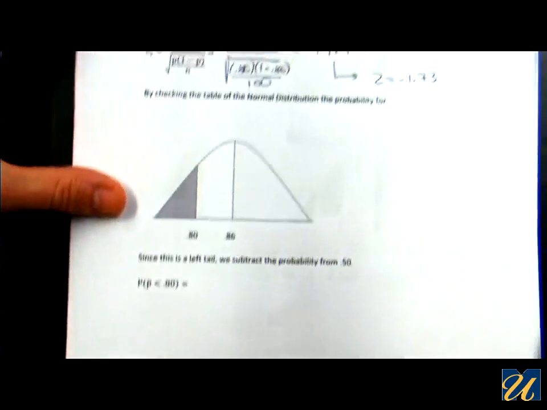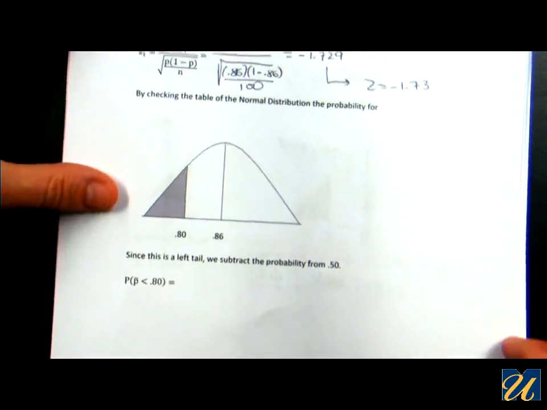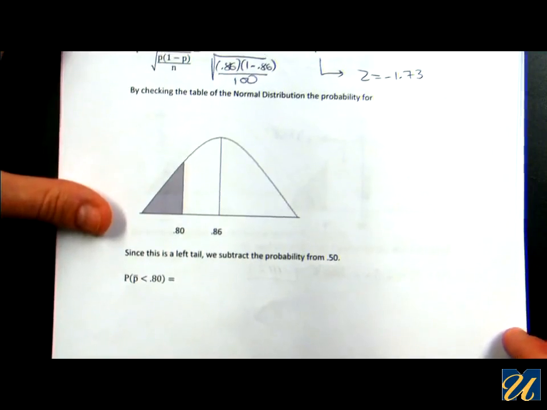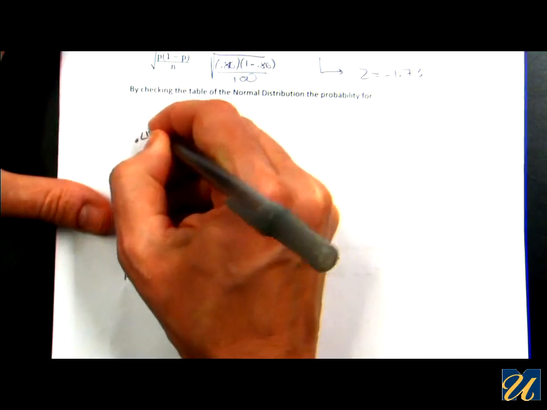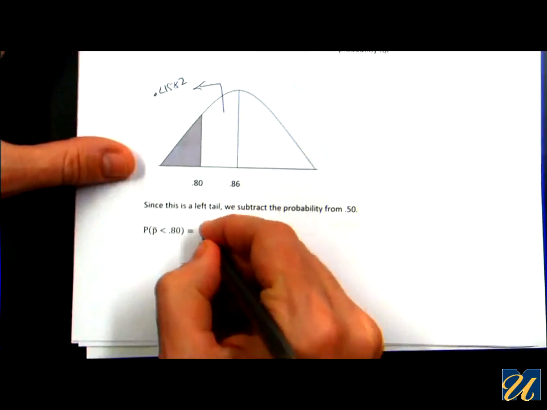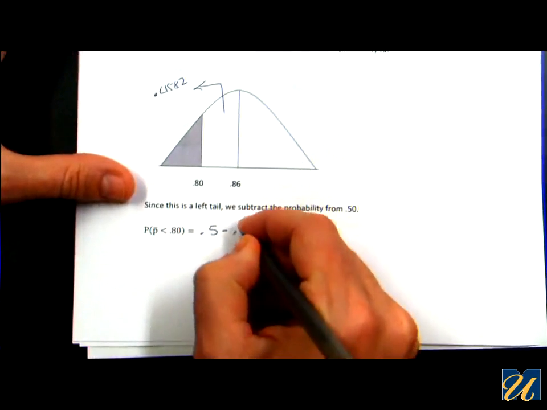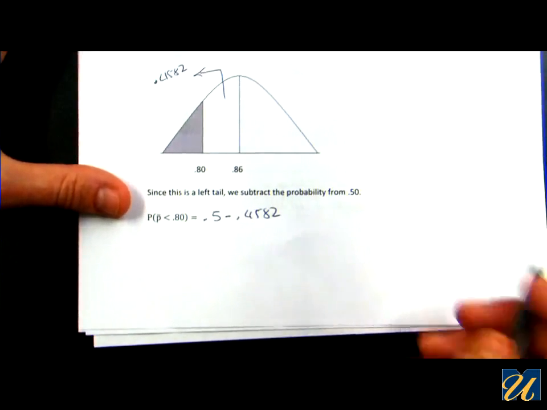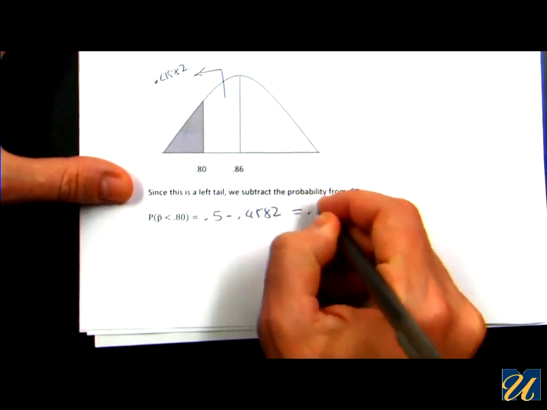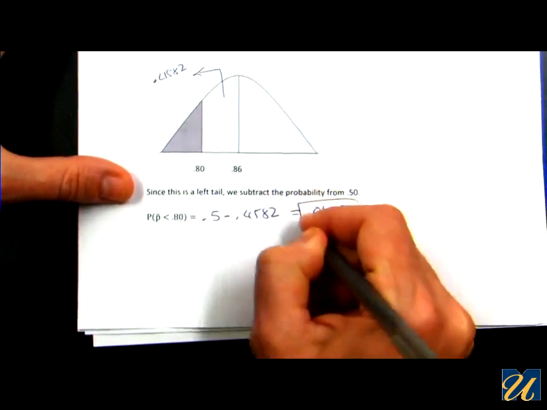We round to 2 decimals. So 1.73 will give you a probability of 0.4582. Since you're looking for a tail, 0.5 minus 0.4582, and this will give you a probability of 0.0418.